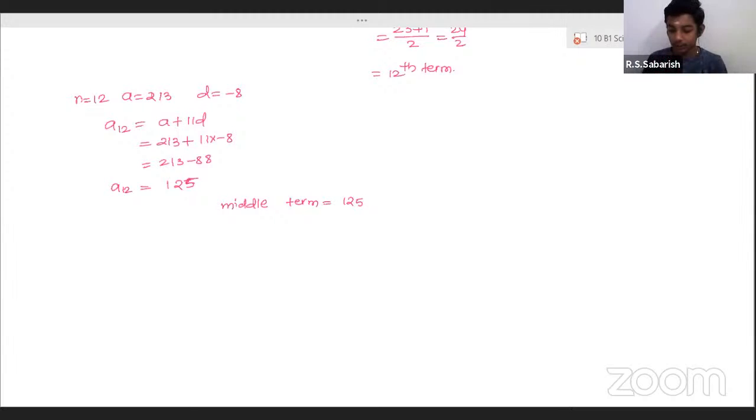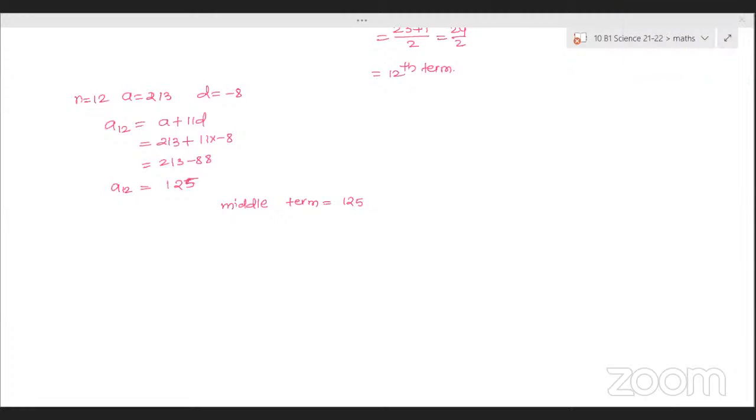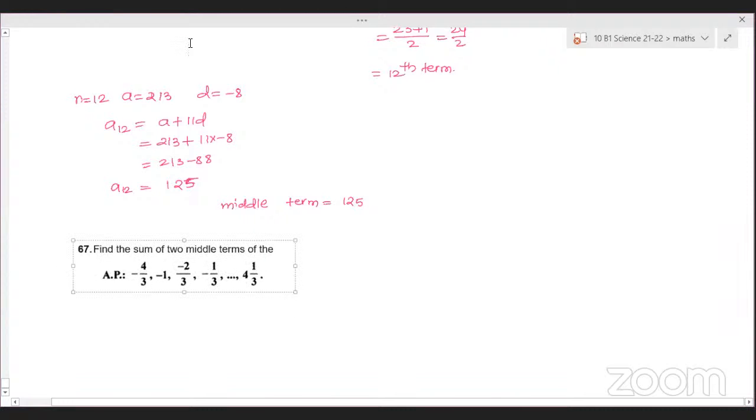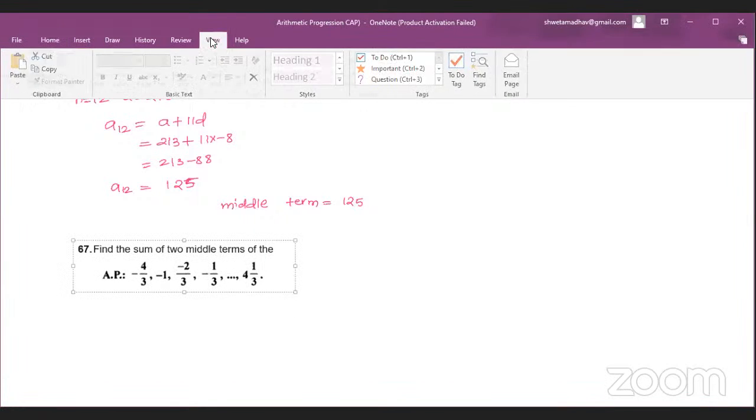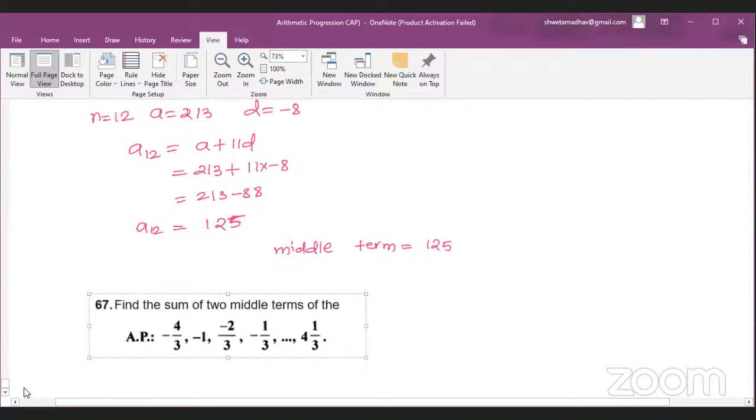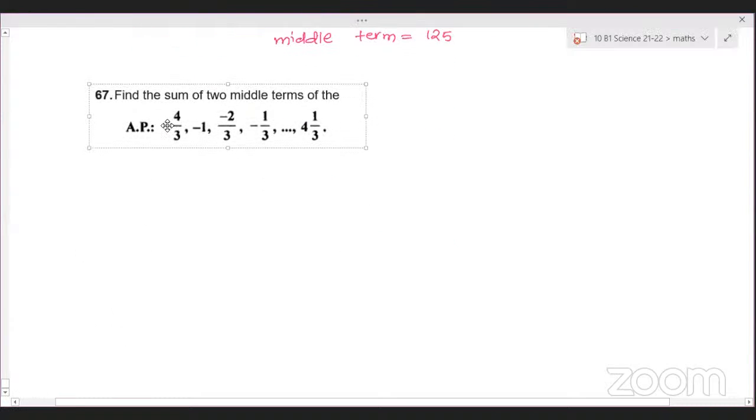Ma'am, can I tell the steps for this? Let me copy the question. Here, the sum of the two middle terms of this. First term is, yeah, Sabresh, can you tell?